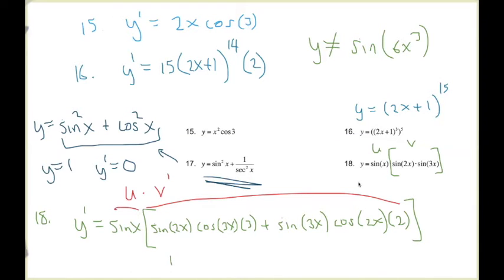So that'll be plus sine of 2x sine of 3x times the derivative of the first, which would be the cosine of x. So that'd be plus, there's the v, and this is the u prime. All right.